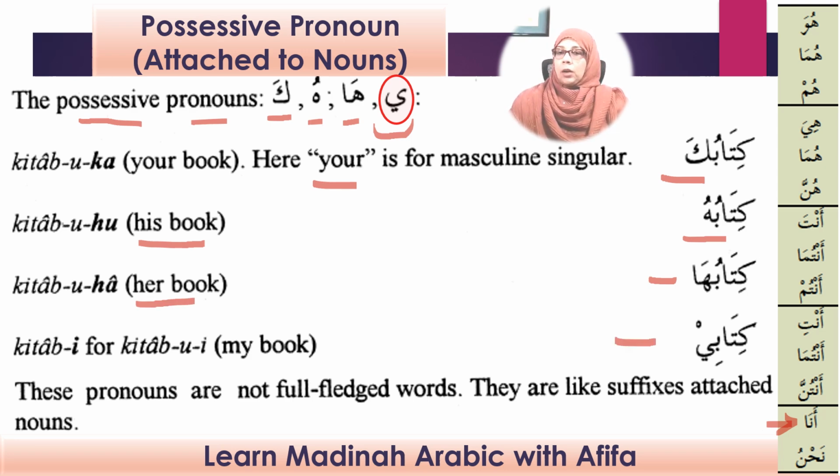So today we're looking at kitabi, which means my book. You see how the independent detached pronoun ana became ya when it was attached to this noun. So we call this ya mutakallim, right? Kitabi, my book. And again, this is possessive.